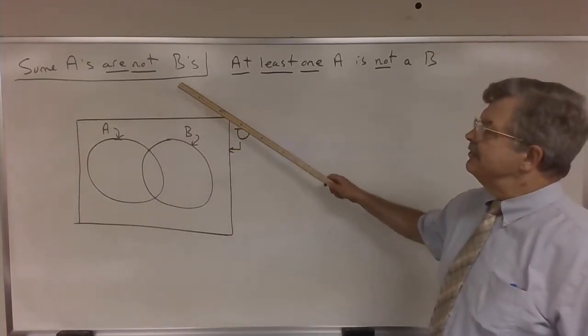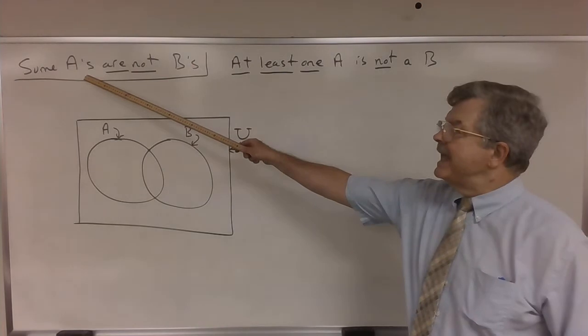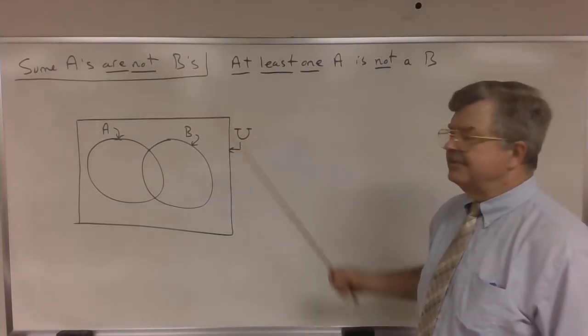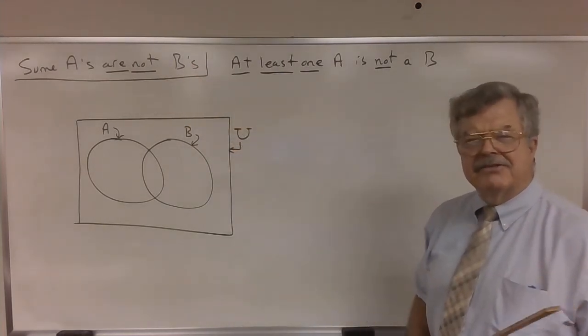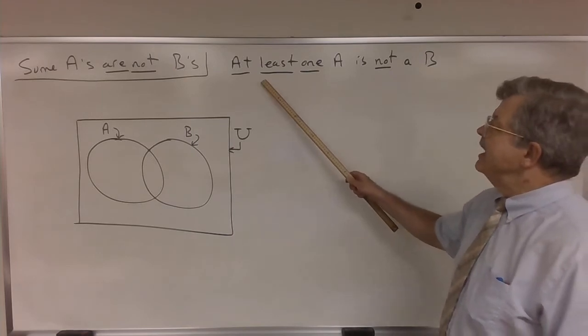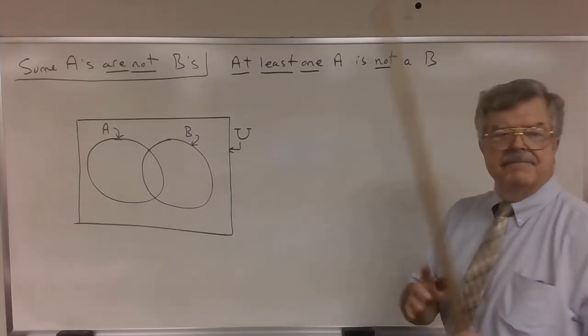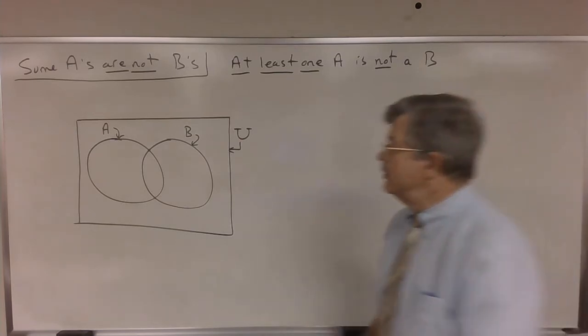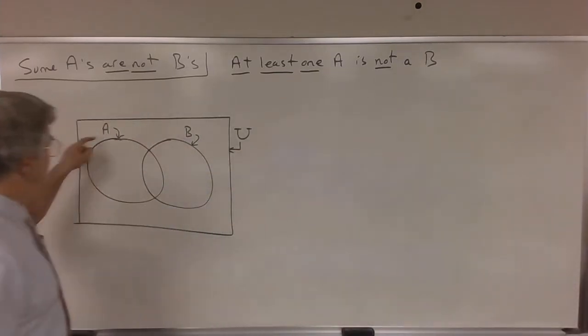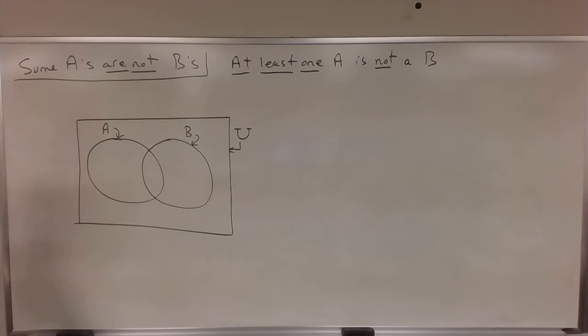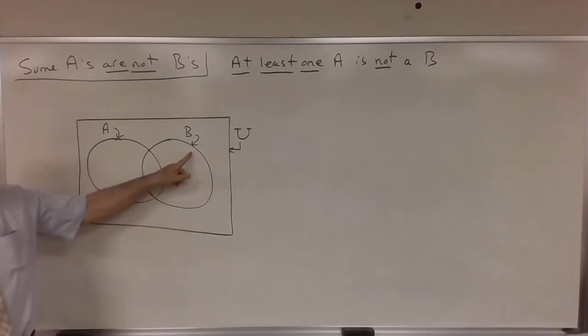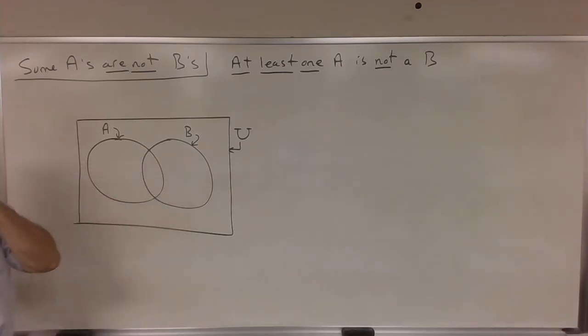Okay, here's another scenario. Some A's are not B's. And that's exactly the same thing as saying at least one A is not a B. So we draw our circle that represents the set of A's. We draw our circle that represents the set of B's. And they may have some elements in common, we don't know.